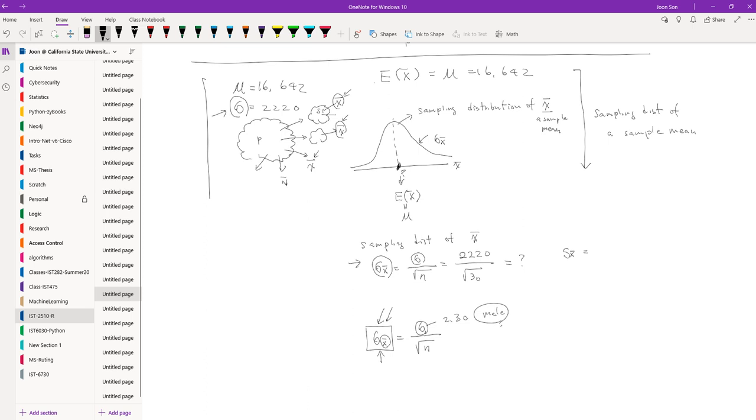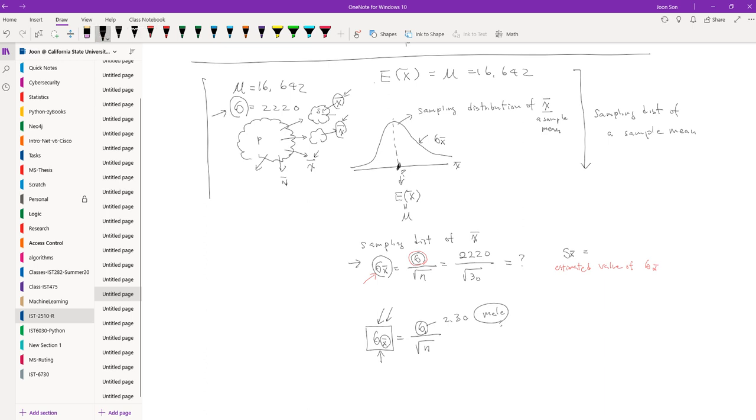But the reason that we put s instead of sigma is that in most cases the population standard deviation is not known, so we need to find an estimated value of sigma x bar.